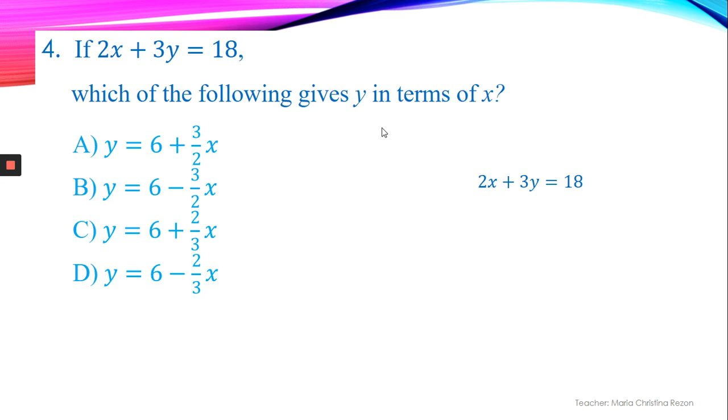So you'll have 2x plus 3y equals 18. We want y alone on the left side of your equation. So you will have 3y is equal to 18 minus 2x. And then we do not want y to have a coefficient more than 1, so let's divide the whole equation by 3.